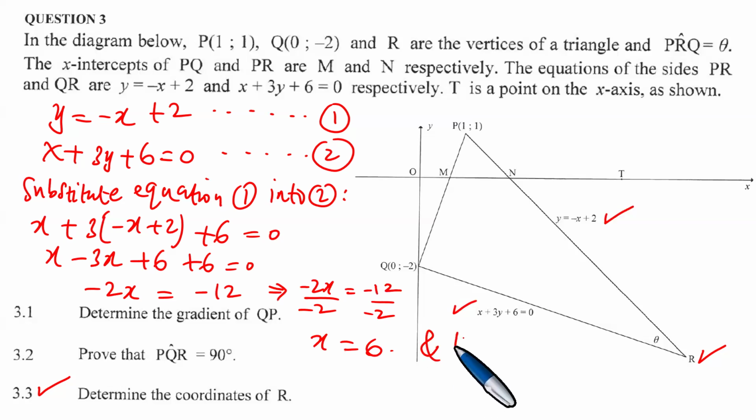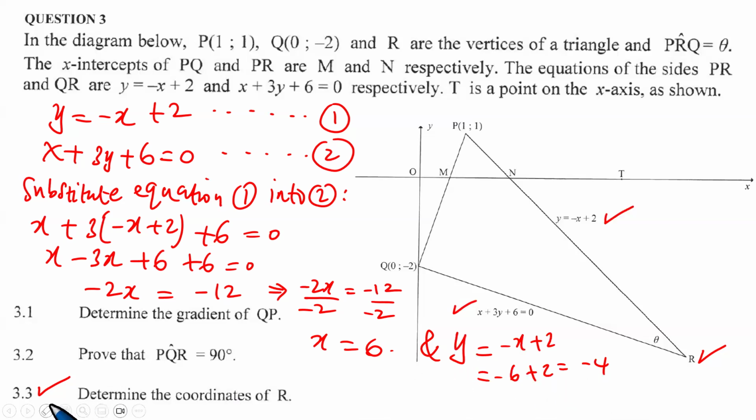And simultaneously, what is our y? Use one of the equations: y equals minus x plus 2. What is x? x is 6, so you have minus 6 plus 2. What is minus 6 plus 2? It's minus 4. Equation 1 is y equals minus x plus 2, and we substituted in place of x, giving minus 6 plus 2, which is minus 4.